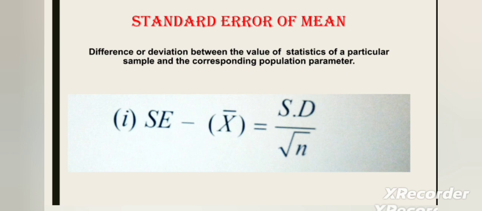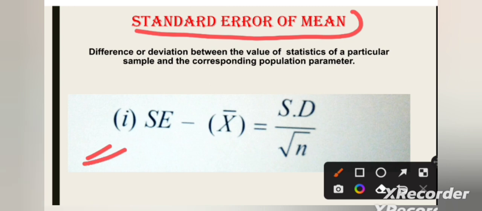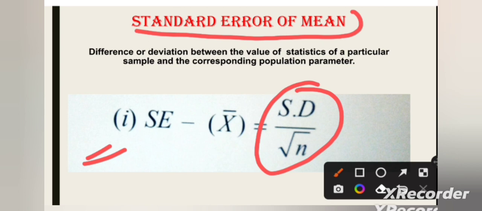So this difference is given by the standard error of mean, and it tells us how precise our value is. Standard error of mean is equal to the standard deviation upon square root of n.